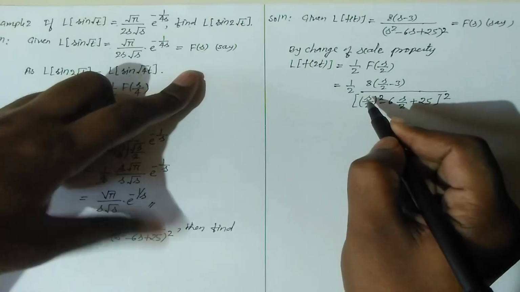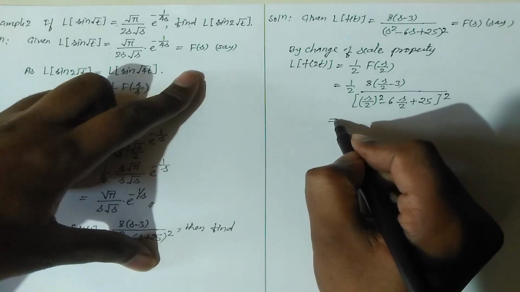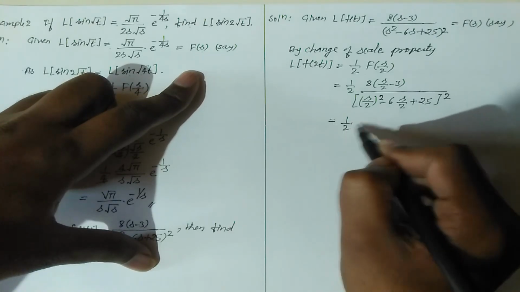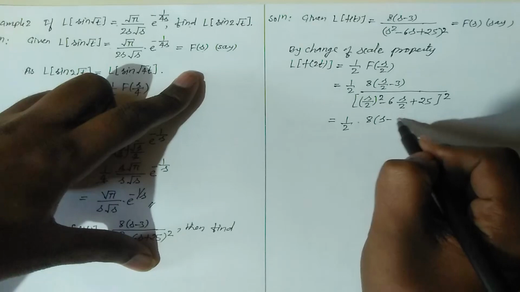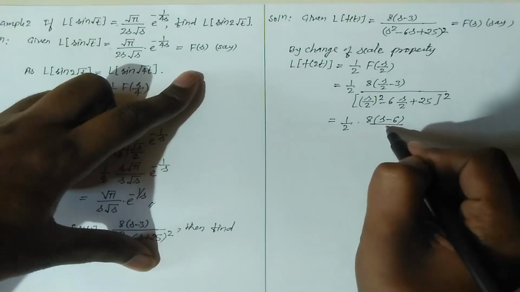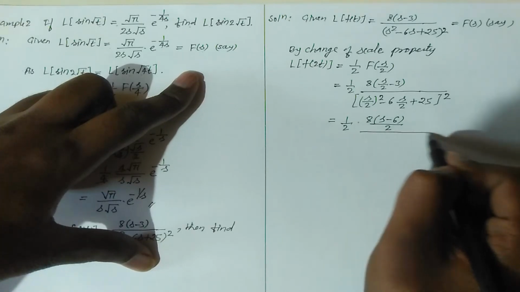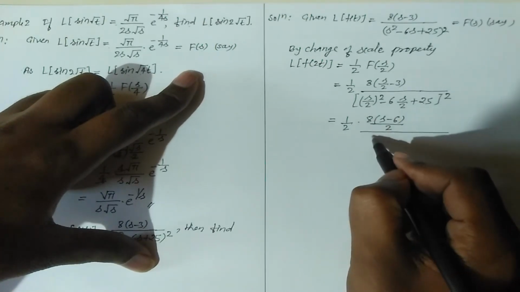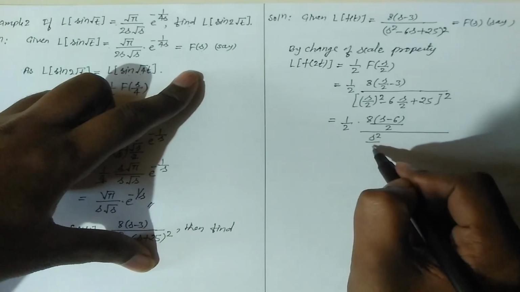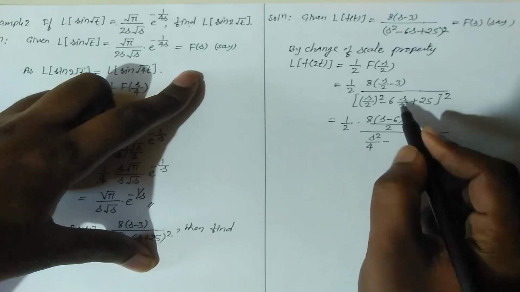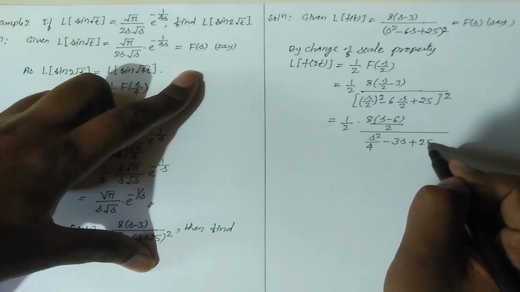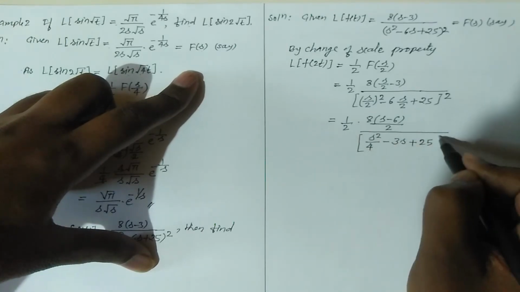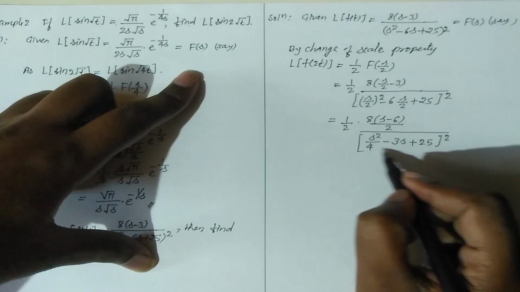Then simplify this. This equals 1 upon 2 as it is into 8 into s minus, we cross multiply, 3 into 2 is 6, divided by 2, the whole divided by, open the bracket, s square by 2 square, that is 4, minus, and simplify this, that is 3s plus 25 the whole square. First we cross multiply by 4.